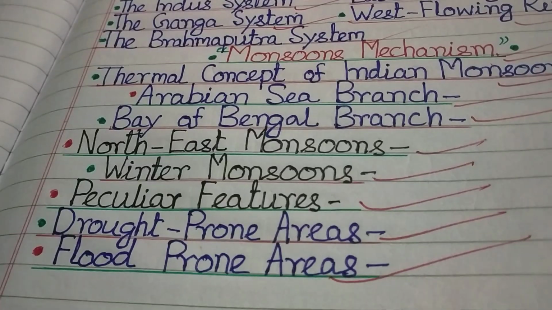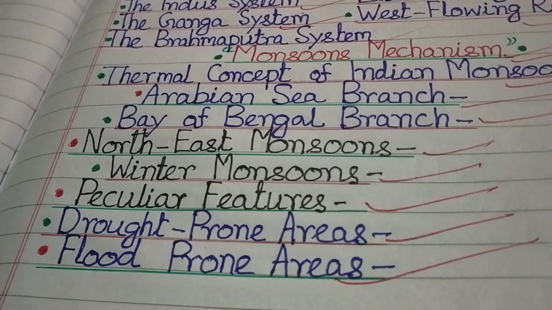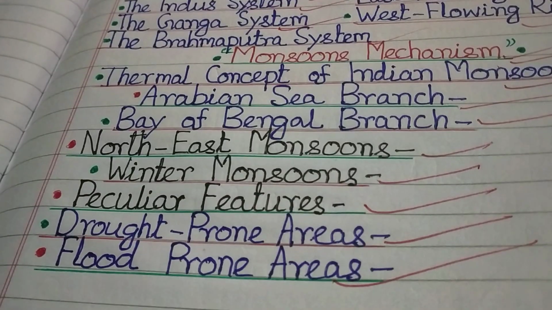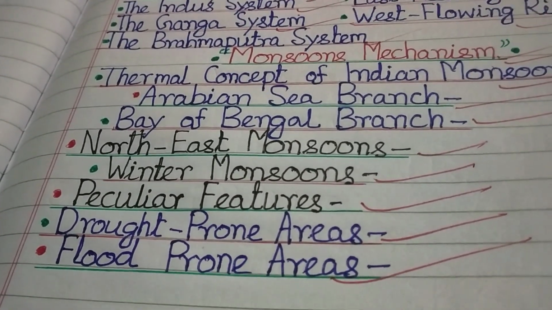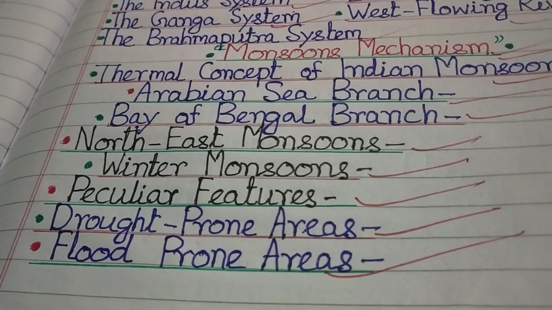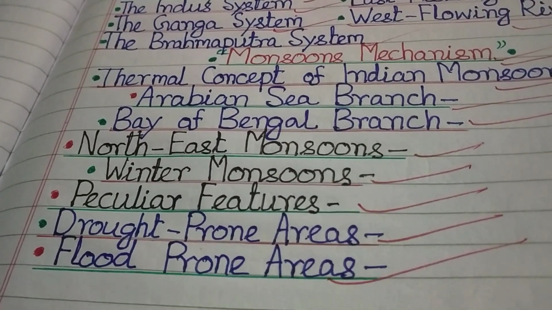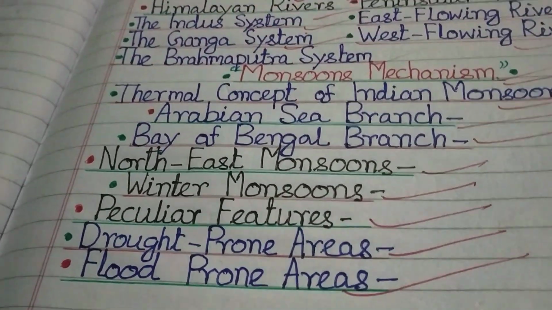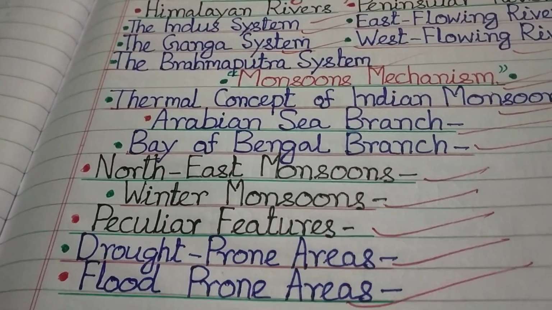A northern current of this branch strikes the Khasi Hills in Meghalaya and causes very heavy rains. Mawsynram, near Cherrapunji, situated on the southern slopes of the Khasi Hills, has the distinction of recording the highest annual average precipitation in the world. This is because of its peculiar geographical location.